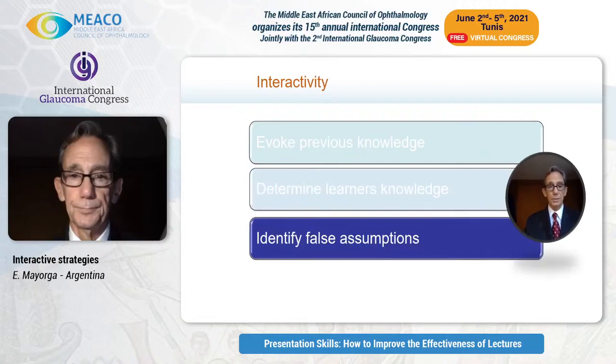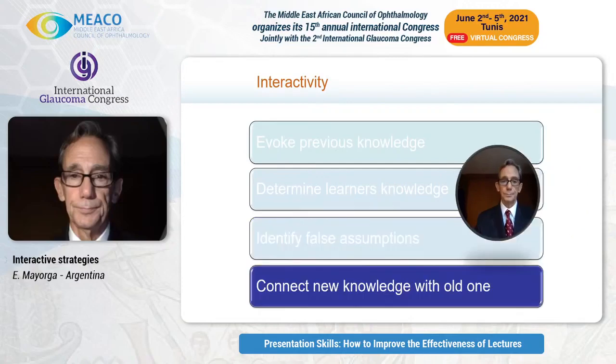When you give feedback to their answers, they will be able to identify false assumptions, and you will also be able to identify what they know and what they do not know. Finally, they will be able to connect new knowledge with old one. This is one of the mechanisms that allows storing in memory and later retrieval and application.